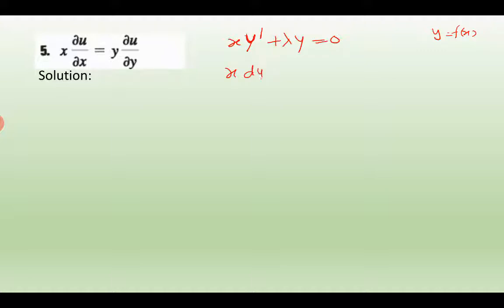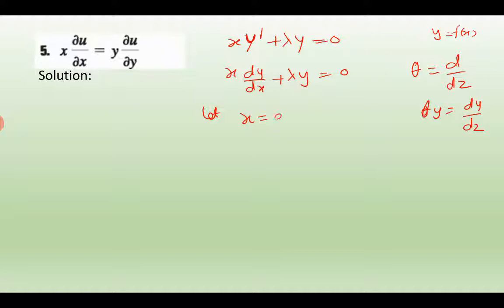This is x into dy by dx plus lambda y is equal to 0. Okay. Now what we are going to do is introduce a new variable. I introduce theta, which is d by dz. So if I write theta y, it is dy by dz instead of d. So theta is derivation with respect to z.